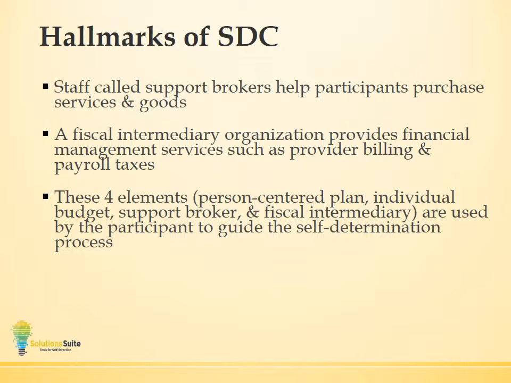Once their budgets are approved, SDC program staff called support brokers help participants purchase the services and goods named in their budgets. An organization called a fiscal intermediary provides financial management services, such as provider billing and withholding of payroll taxes. So to summarize, there are 4 elements that the participant uses to guide the self-directed care process: the person-centered plan, the individual budget, a support broker, and the fiscal intermediary.